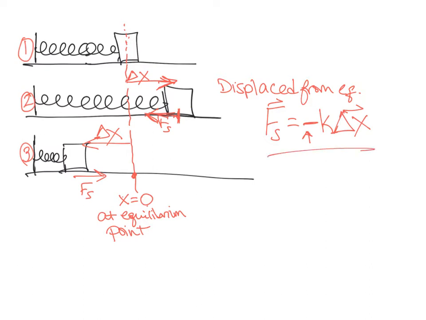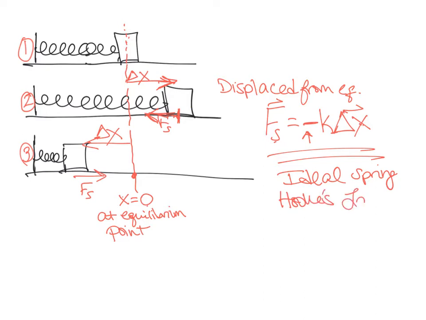This is for an ideal spring. And when I say this, I mean the fact that the spring force is double if I displace it double the distance. And so this ideal spring, this is called Hooke's law, okay?